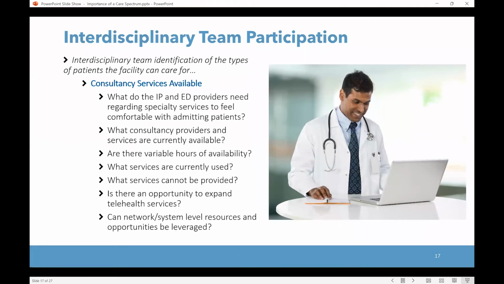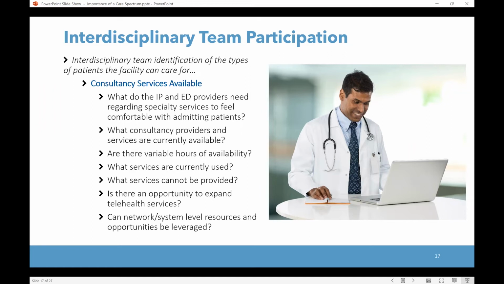What type of consultancy services do we have available? Do the inpatient and ED providers feel that, as they're evaluating these transfers, they could have kept the patient if they'd been able to consult with someone? We need to know that because there may be a possibility that we can add those consultancy providers through telehealth, or is it just someone that they need a relationship with that they feel like they can count on to ask questions about certain types of cases?